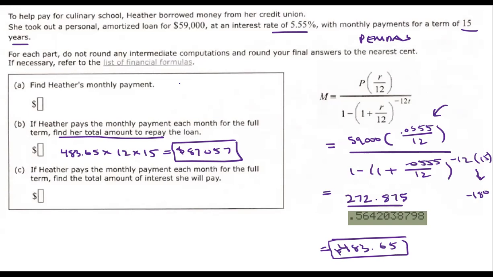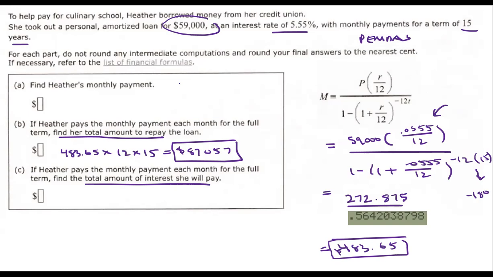And part C says if Heather pays a monthly payment each month for the full term, find the total amount of interest she will pay. Okay. So again, this is similar to the housing that we were doing. We just take the amount that she borrowed originally, right? And then we subtract that from the total amount of payment that she made. Okay.